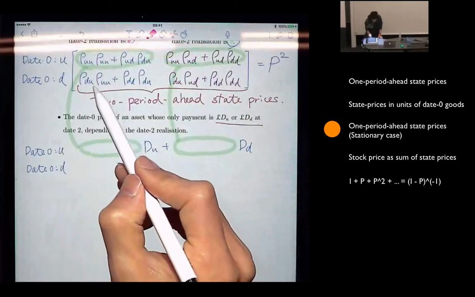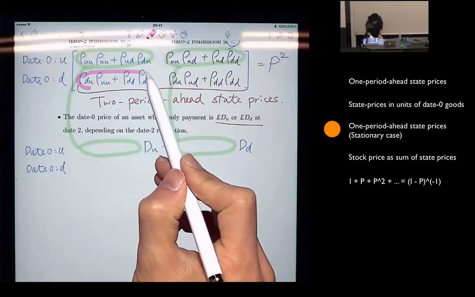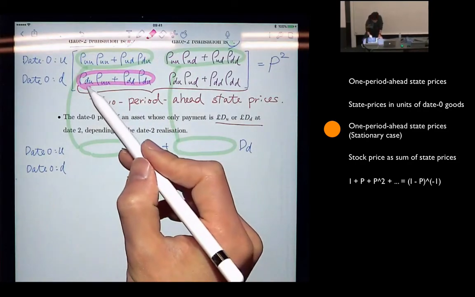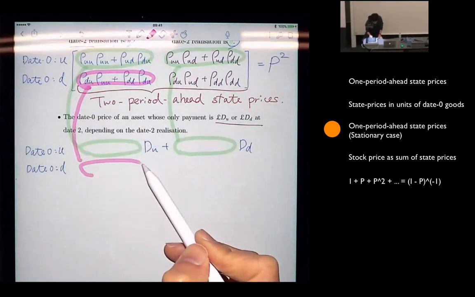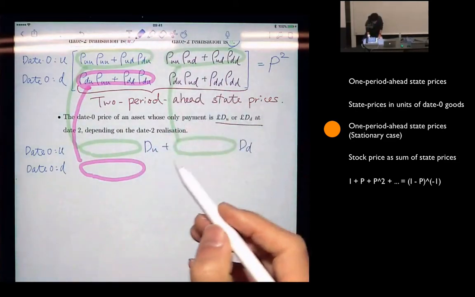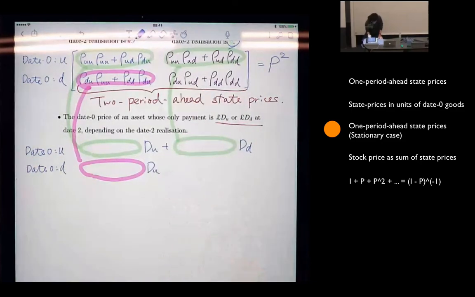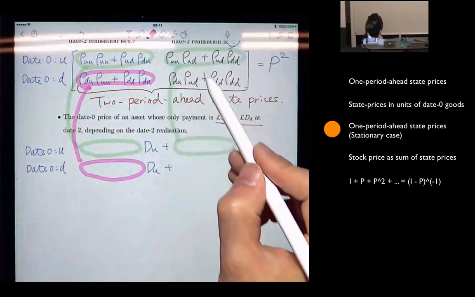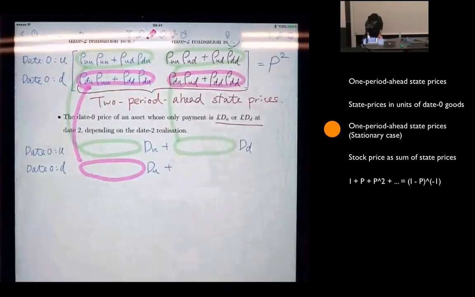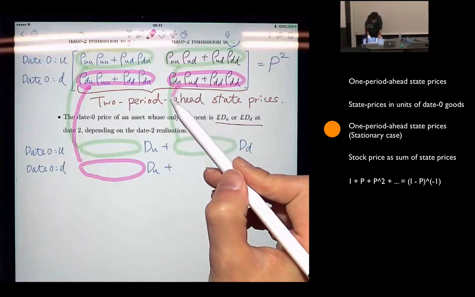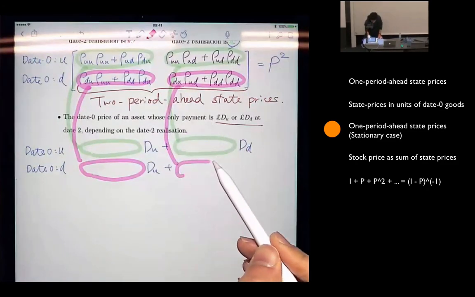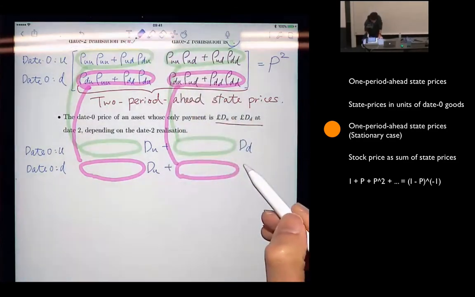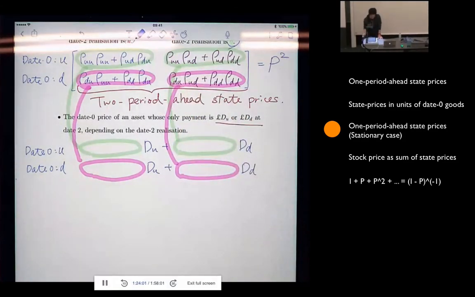If the initial state is D, if you want to have 1 unit of consumption good at date 2 when the date 2 economy is up, this is the current price. And this stock will give you DU units of such consumption goods. If you want to have 1 unit of consumption good at date 2 when the date 2 economy is down, this is the current state price for such a state, and this asset gives you DD units of such potatoes.